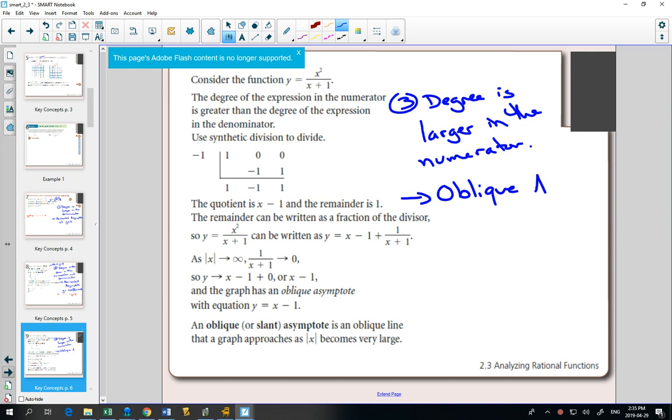And this is when we get the diagonal asymptote, or the oblique asymptote.